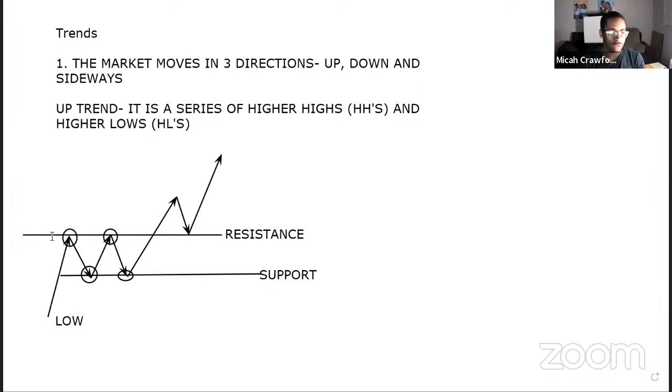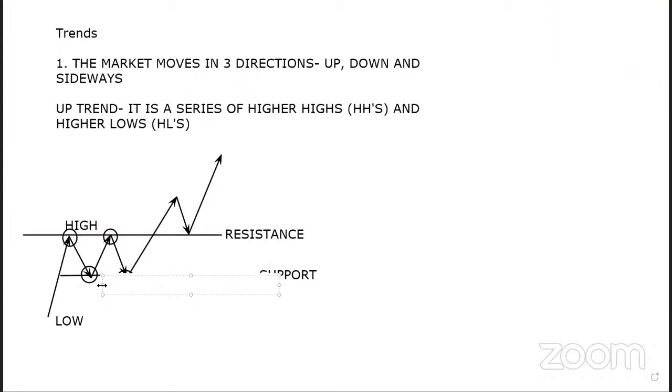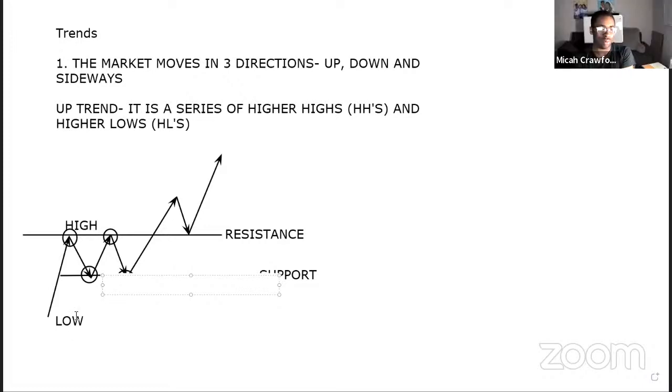The market now created a high. Down here, what would you all think this area would be? Support. Well, yeah, we know it's support, but think about it like this.